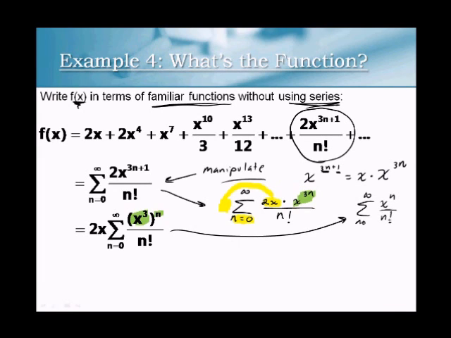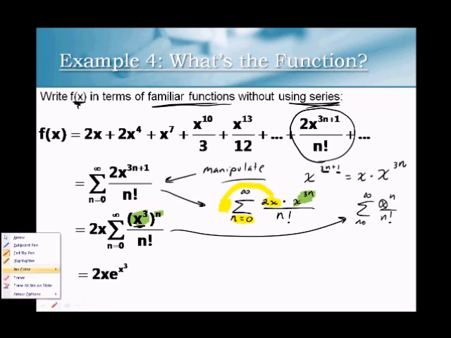In fact, it only differs by that x turning into an x cubed. And so really, that sum is not e to the x, but e to the x cubed. So hopefully you can see that right there. When we work this all out, we have e to the x cubed rather than e to the x. Just a little substitution trick there.